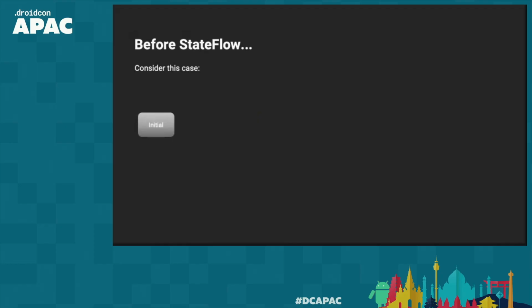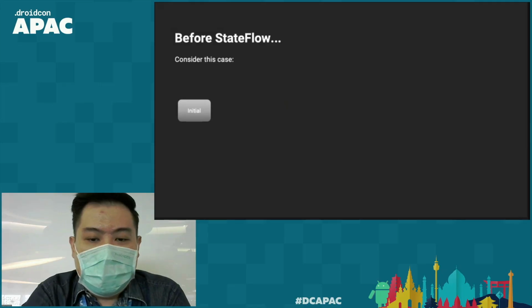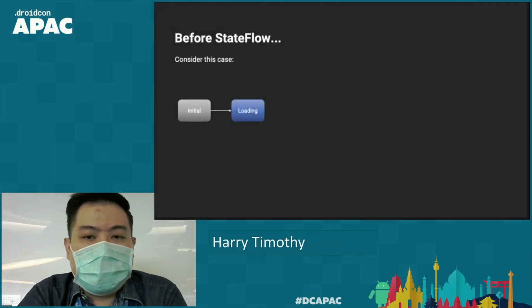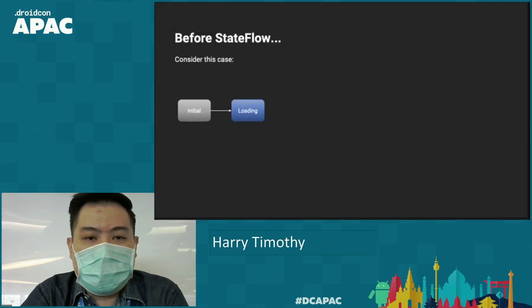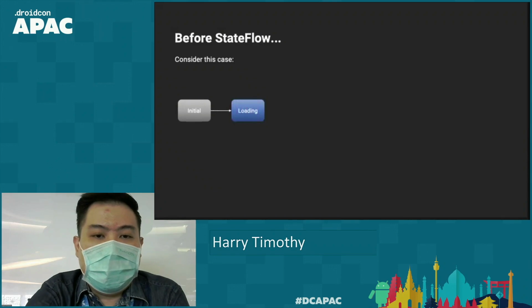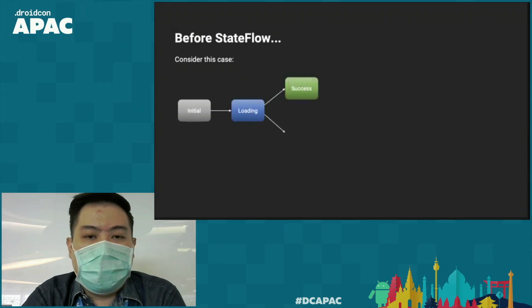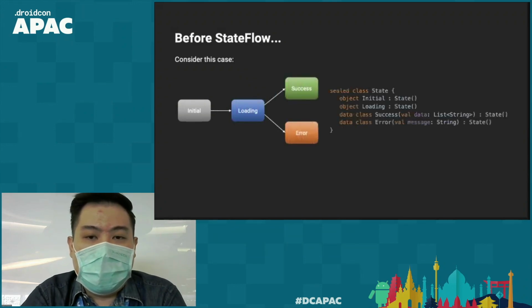This is the state where the view was rendered for the first time after an activity or a fragment is started. Then let's say clicking a button triggers a loading state, which shows a loading animation. And the result can be either success or error, where the success state returns a list of strings and the error state returns a message.